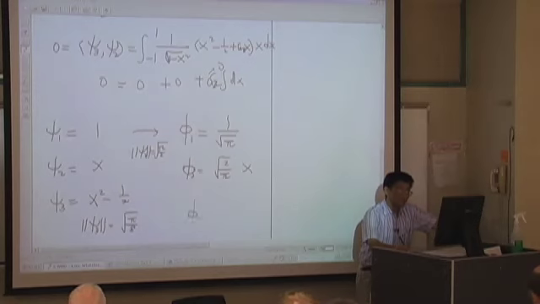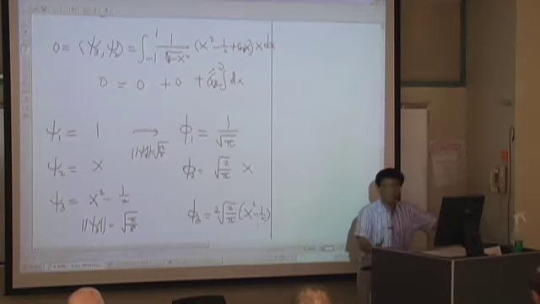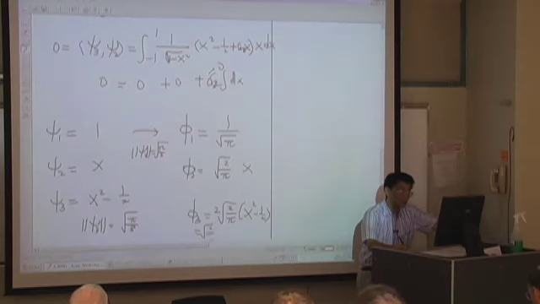Then P3 equals this reciprocal, 8 over pi, or 2 times 2 over pi times x squared minus 1/2. Or you can multiply 2 inside, right? If you multiply 2 inside, then it is square root of 2 over pi times 2x squared minus 1.